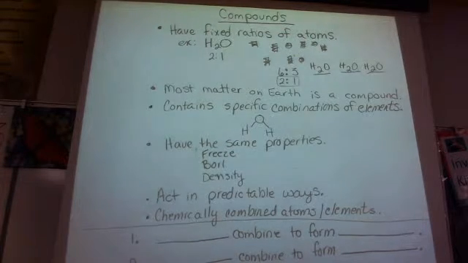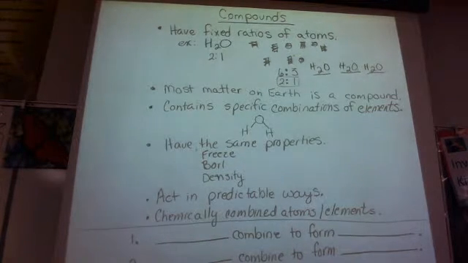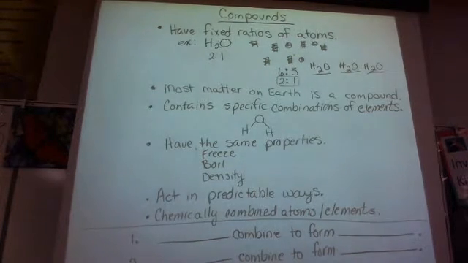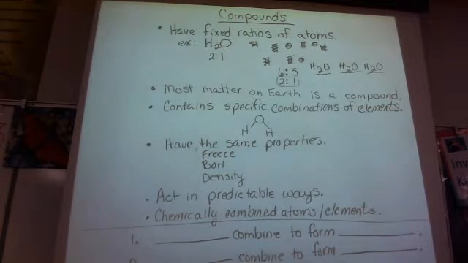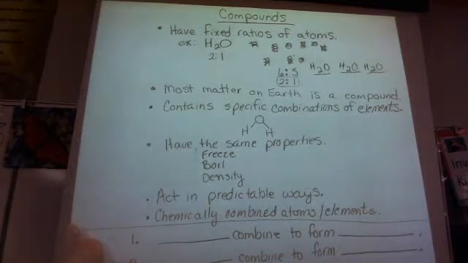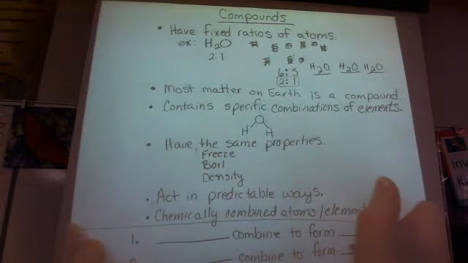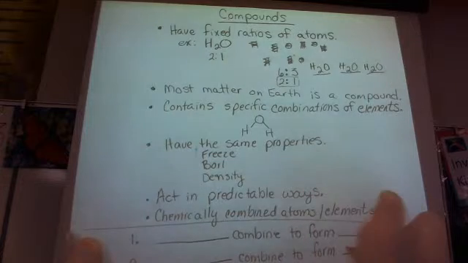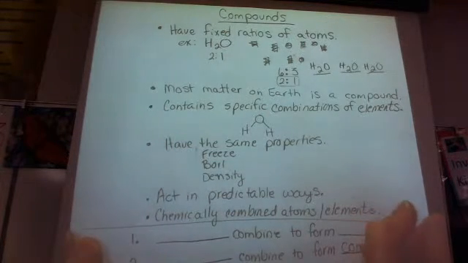Any ideas? Blank combine to form blank. Once that happens, those then combine to form blanks. Any ideas? Yeah? Mixtures combine to form compounds, and compounds combine to form mixtures. Kind of. We're good. This one, number 2, we'll put in one of the words you said.